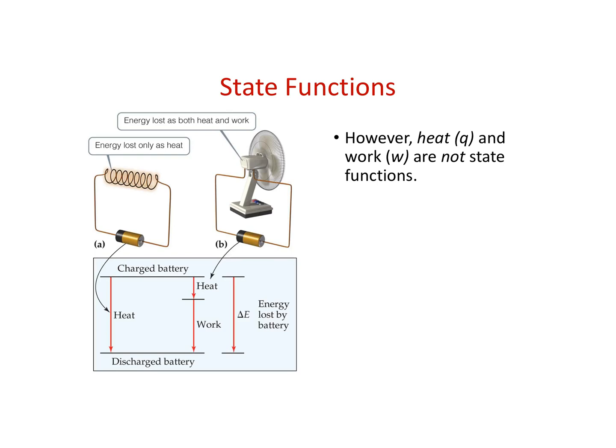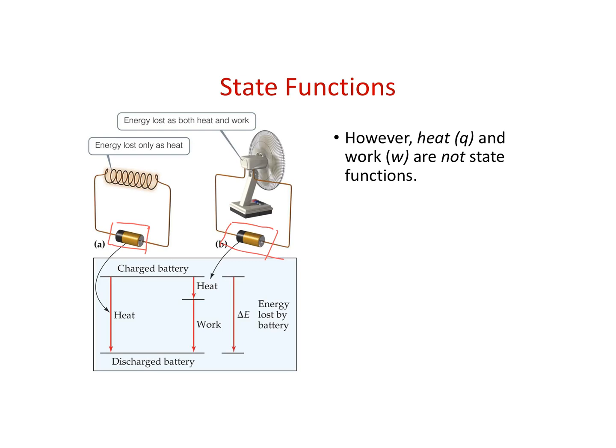I could take two identical batteries that contain the same amount of energy. I could hook up one battery to a coil and just run that entire battery through the coil, producing heat and nothing else. So I have a change in energy only due to heat lost. I could also take that same identical battery with the same amount of energy and hook it up to a fan. The fan is going to move the propellers, moving the air.